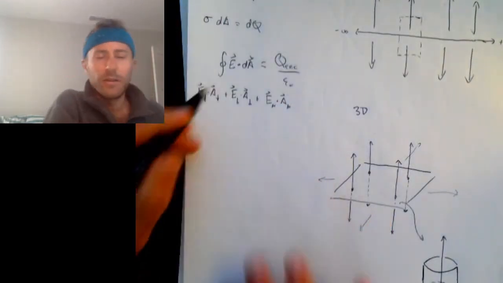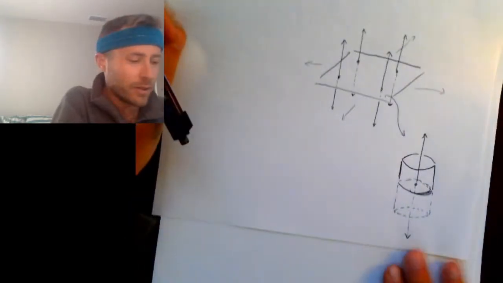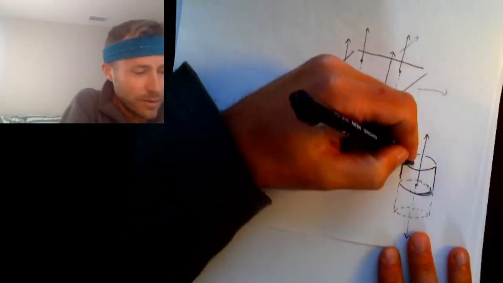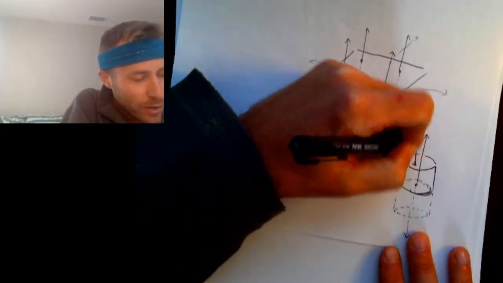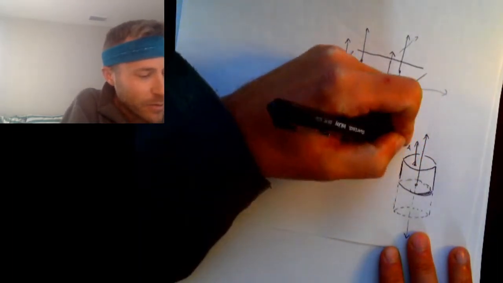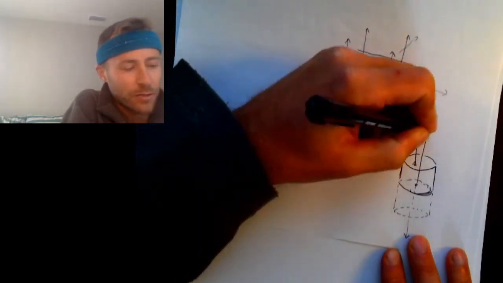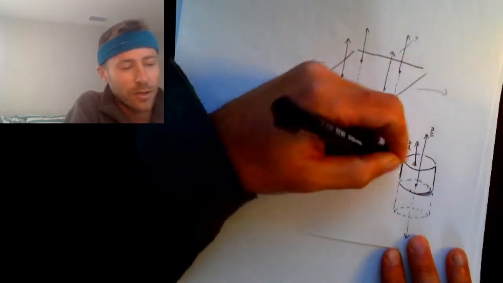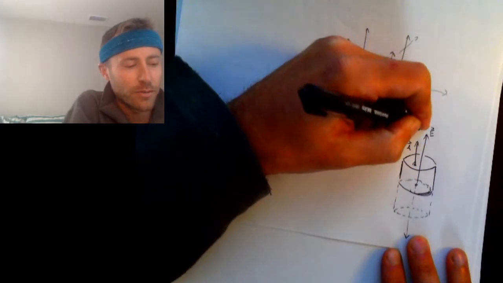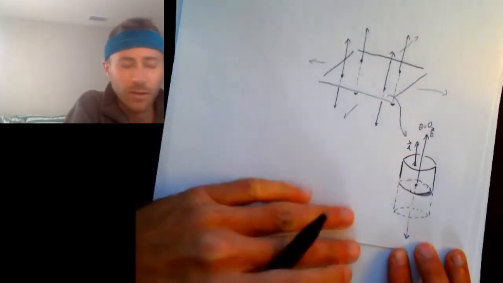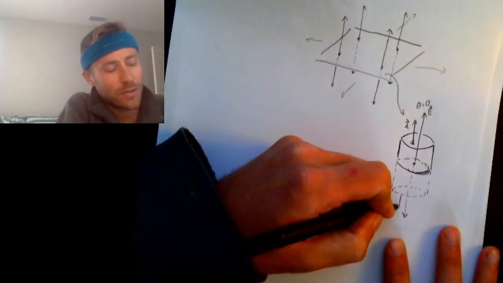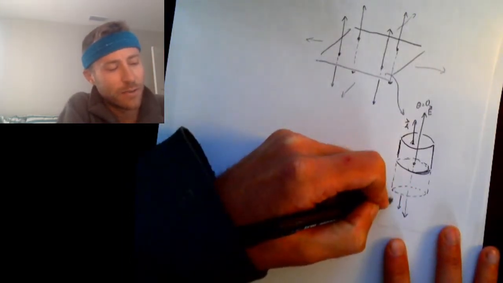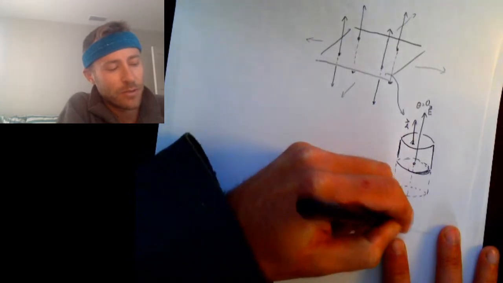Now this is sort of the opposite of the last one. If I look at the top face, its area vector points up, and the electric field also points up. So here the angle is 0 for the top face. For the bottom face, the area vector points down, and the electric field points down.